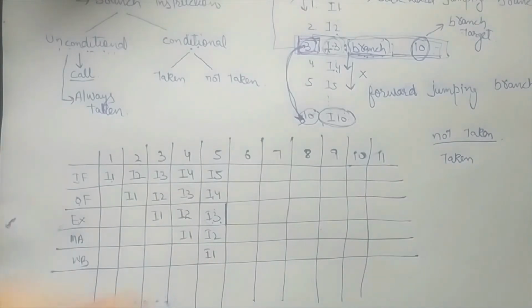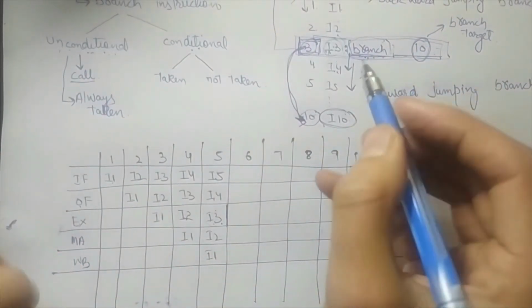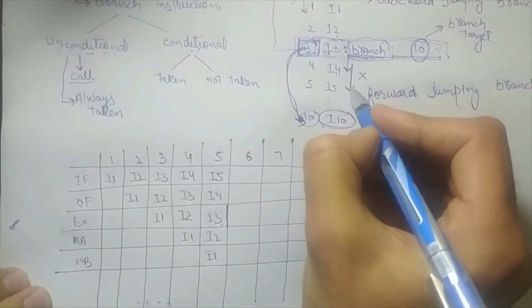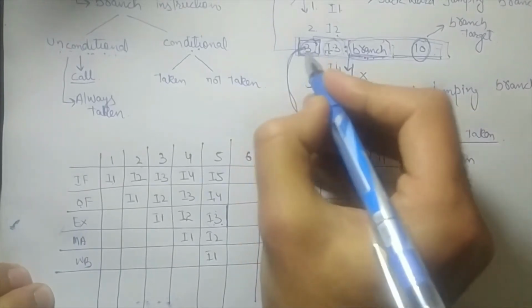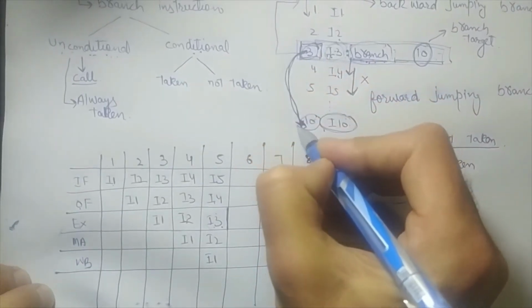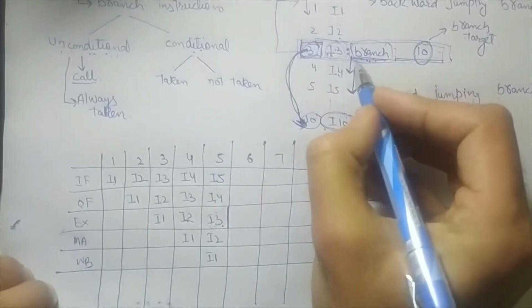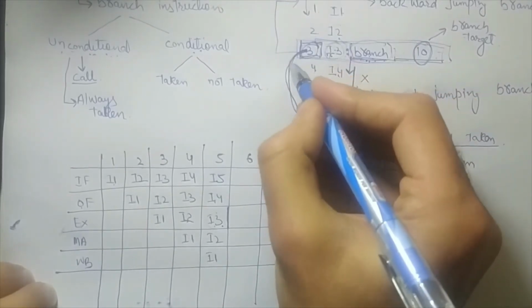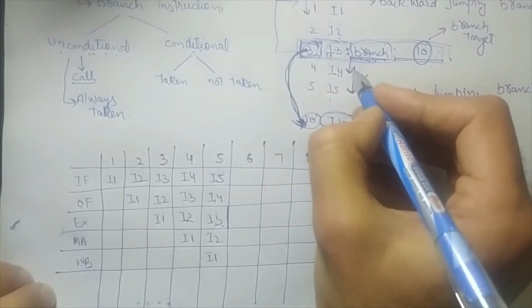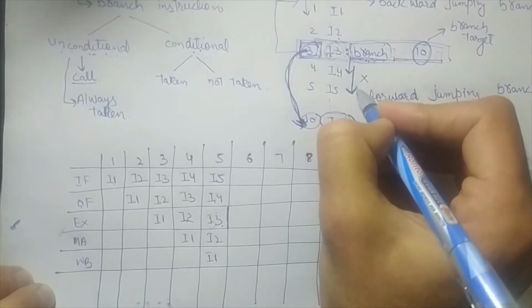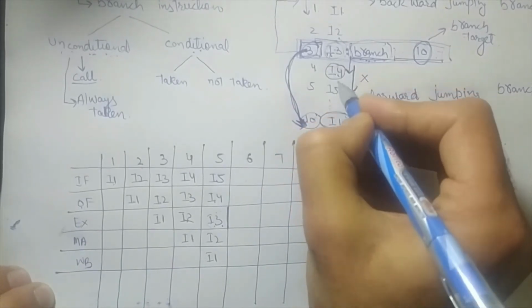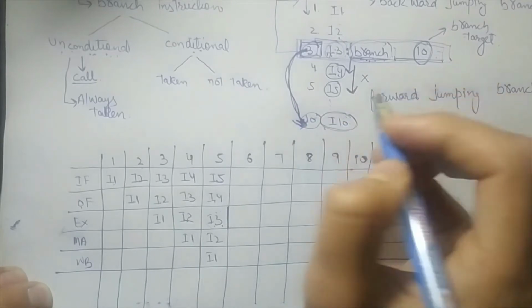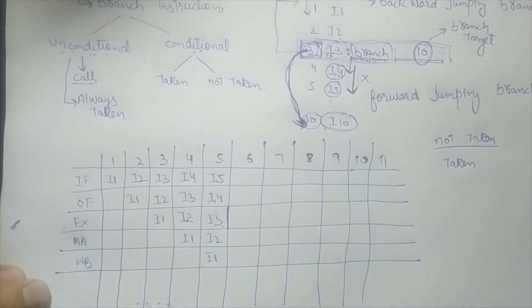In that case, there are two paths, one path is this path, another path is this path. If the branch is taken, this path is the correct path and this path is the wrong path. So these instructions are on the wrong path, so we don't have to execute these instructions.